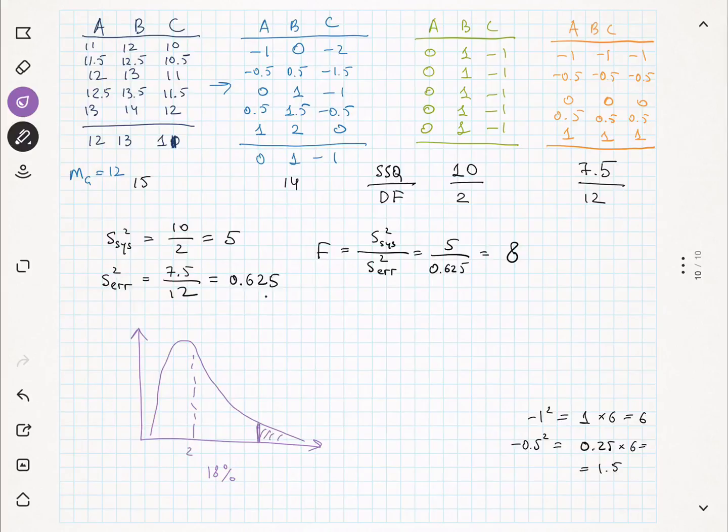So what will be the area here for the 8? Well, we know that we can use R to calculate the area. It will be 1 minus CDF for the F distribution. Now our F value is 8, but degrees of freedom are the same. We still have 2 degrees of freedom for the systematic part, and 12 degrees of freedom for the error part. Okay.